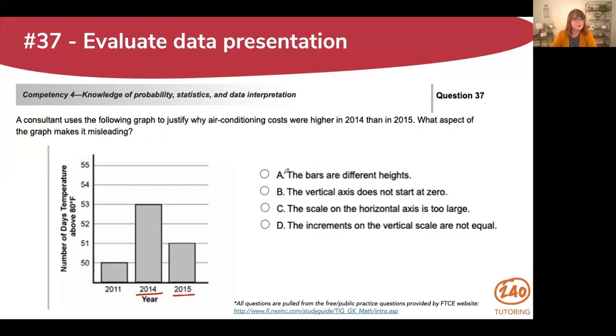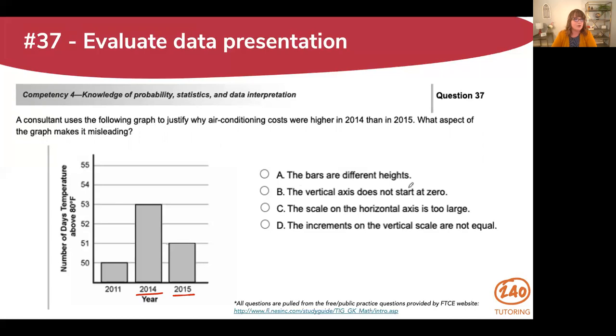It says the bars are different heights. Well, in most bar graphs, what do you know? The bars are different heights. Unless all your data points are the same, your bars are going to be different heights. So that's not misleading. That's pretty normal. But we want to know why we're justifying air conditioning costs higher in 2014 than 2015.